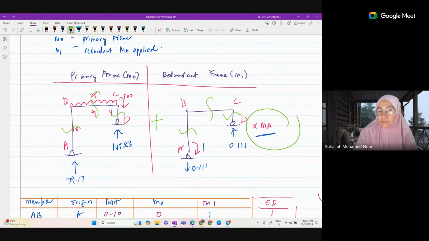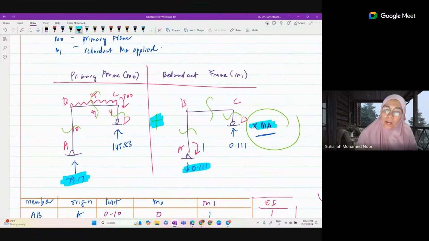Tambah and value dekat redundant frame tu mesti kali dengan MA. Means that kalau kita nak cari, for example, AY, means 79.17 plus negative 0.111. Now dah ada MA, kita kali dengan MA.